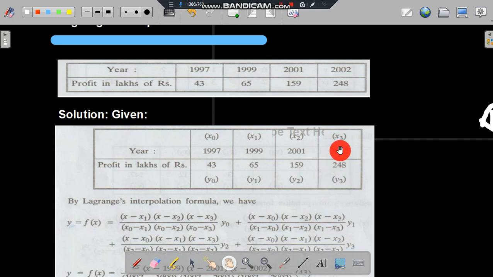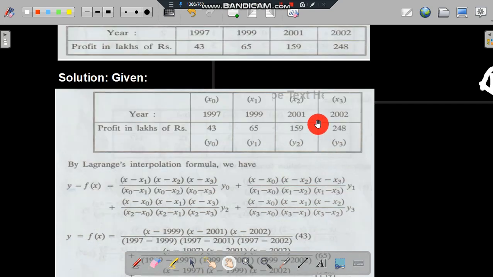And for the last one, x3, the corresponding value of y3 is 248. So this is the table given to us.